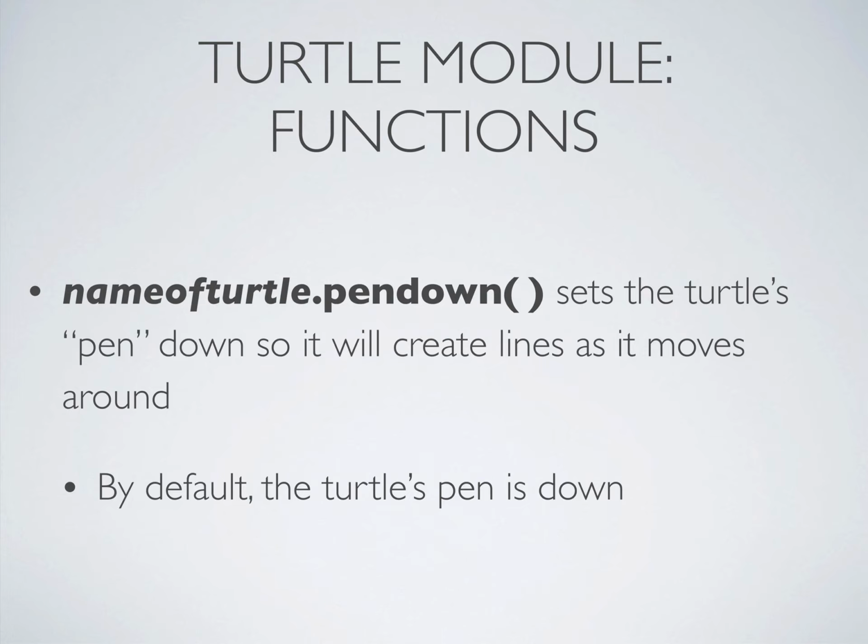So again, pen up picks the pen up, then you can move around without drawing any lines, and then when you're ready to draw stuff again, you go ahead and say, hey turtle, put your pen back down. And as you've seen already, by default the turtle's pen is down. So when you first pull up the turtle, its pen is down. It is going to draw as it moves around on the screen.